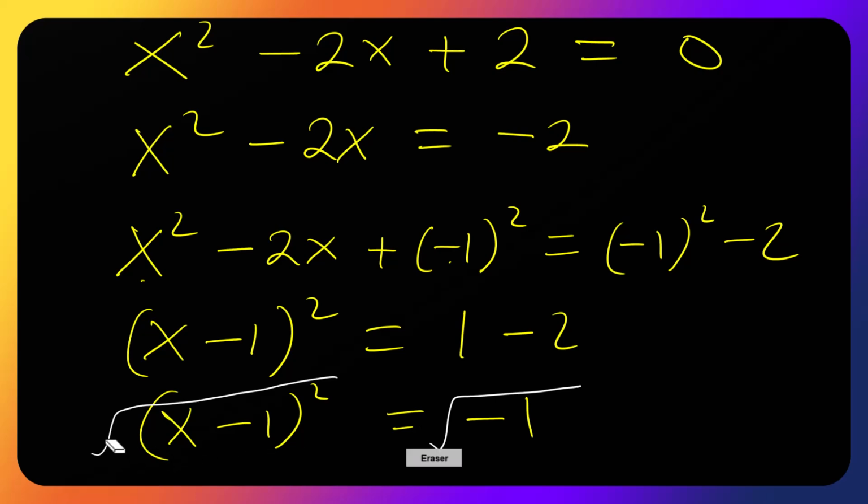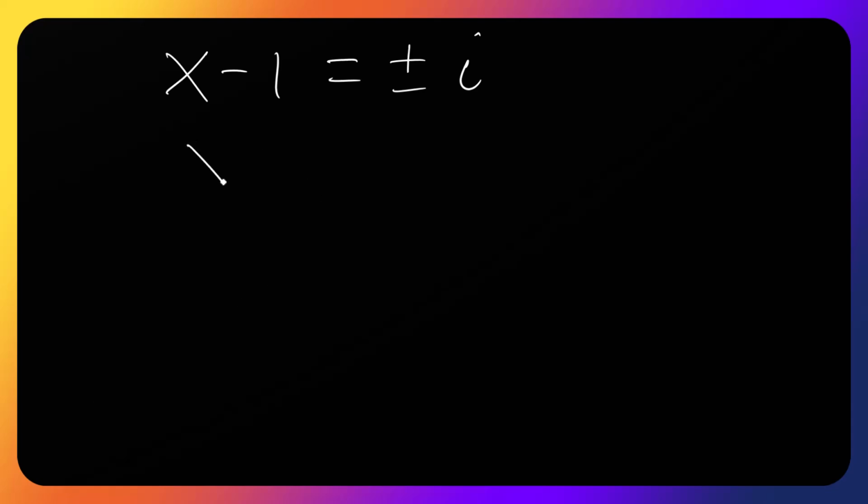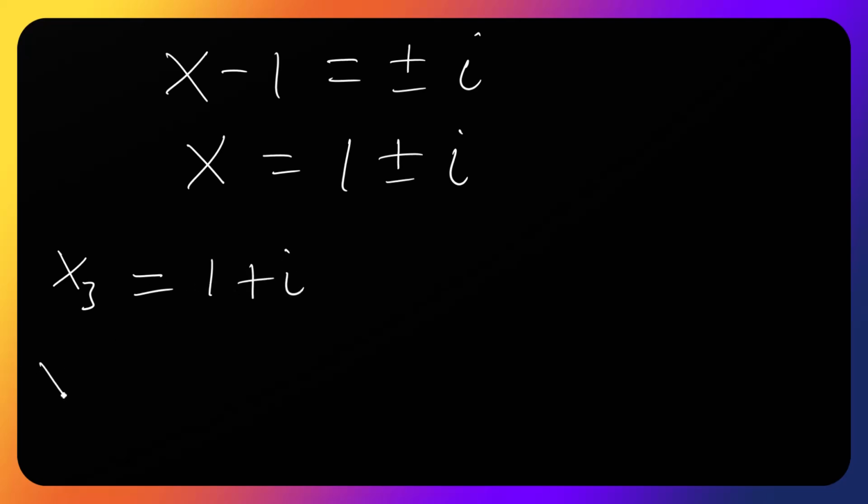So this one will cancel, x minus 1 equals plus or minus square root of negative 1, which is i. So that will be 1 plus or minus i. So it means the third solution will be 1 plus i, and the final solution will be 1 minus i.